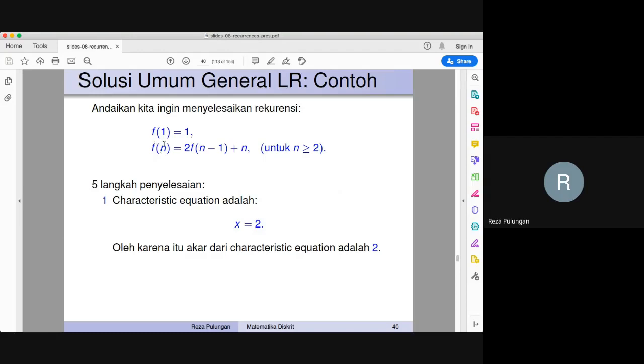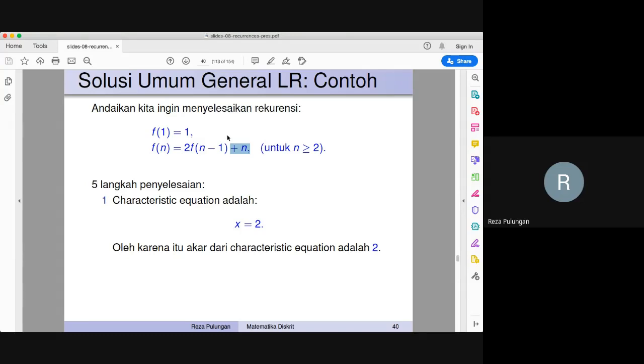So x to the power of n is equal to 2 times x to the power of n minus 1. You just have to find the characteristic equation first.